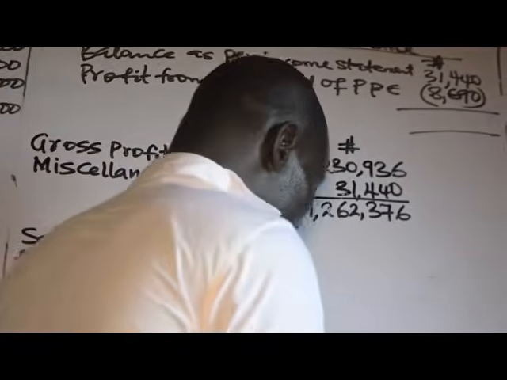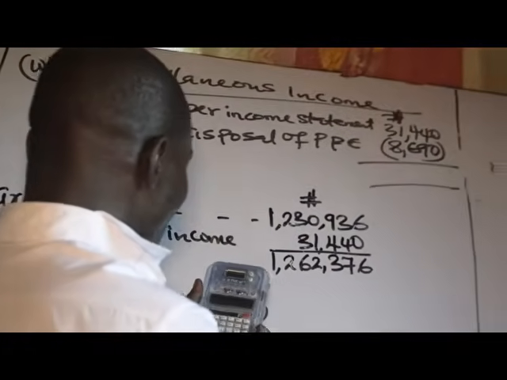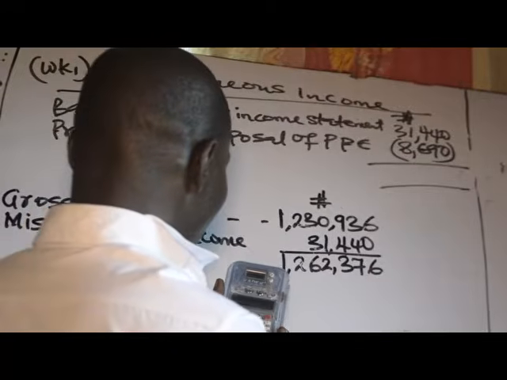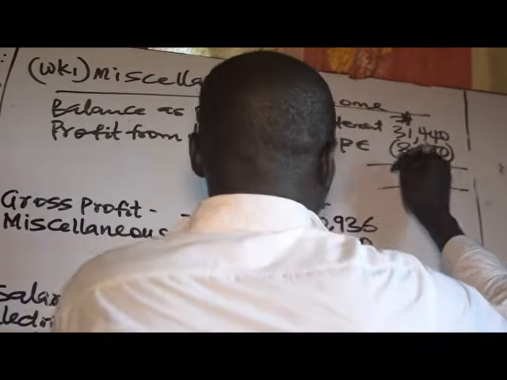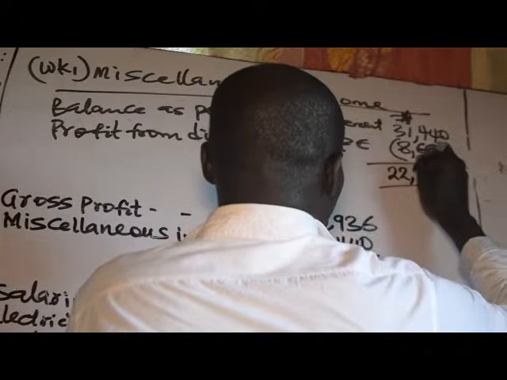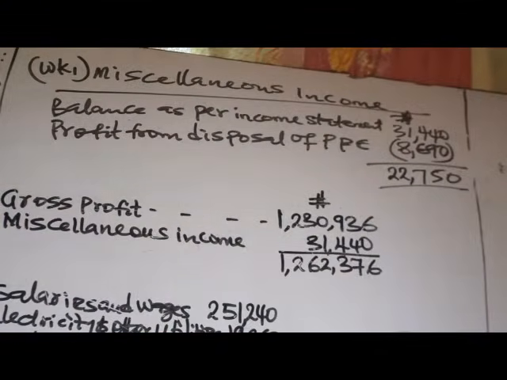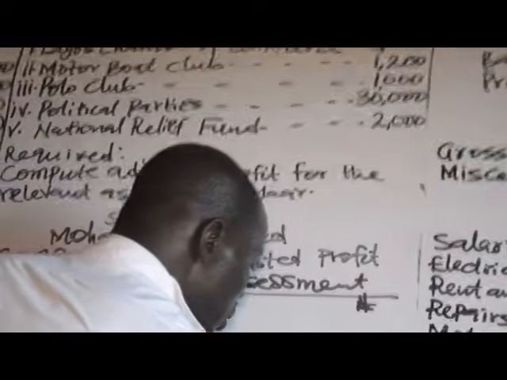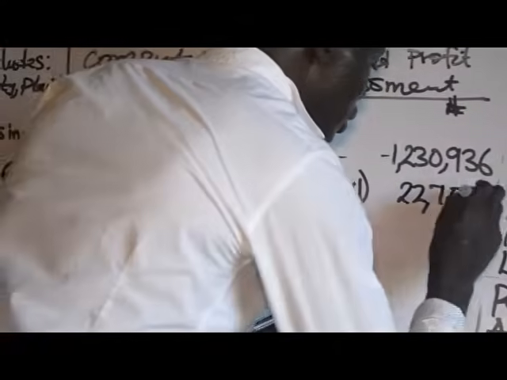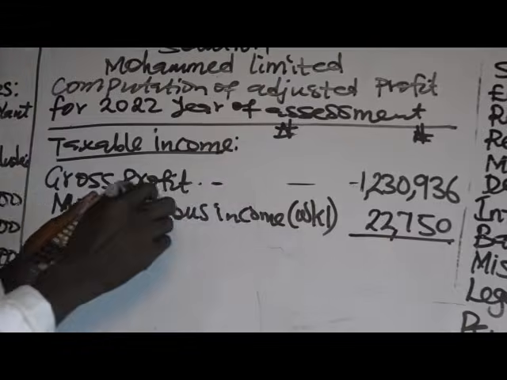Remember, profit from disposal of PPE, we say it's not taxable. 31,440 minus 8,690. The amount that will be taxed from the miscellaneous income is 22,750. And these are the taxable income we have.